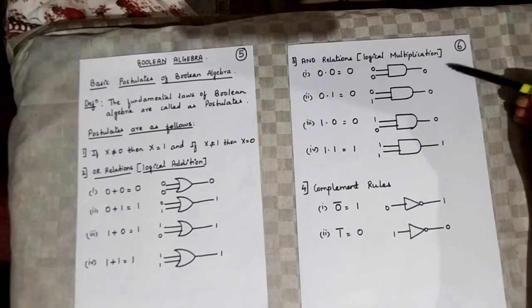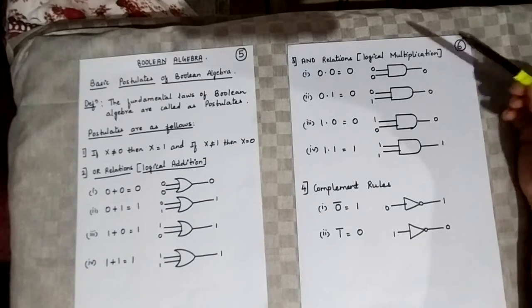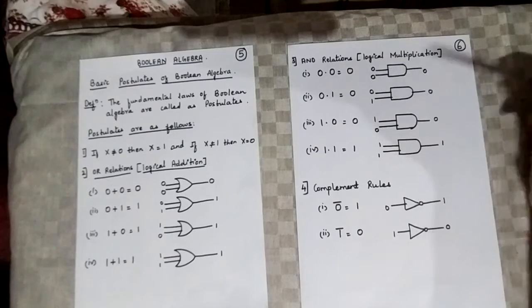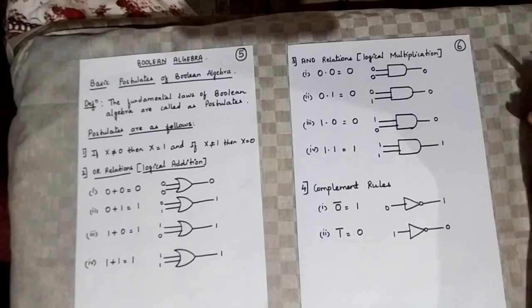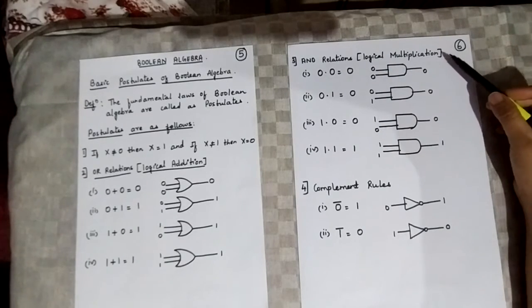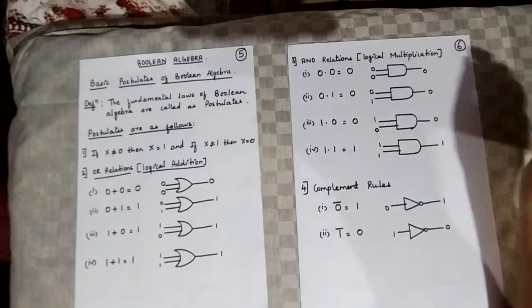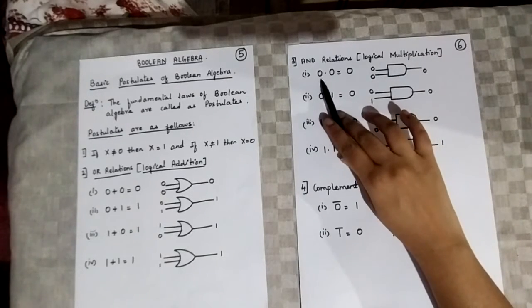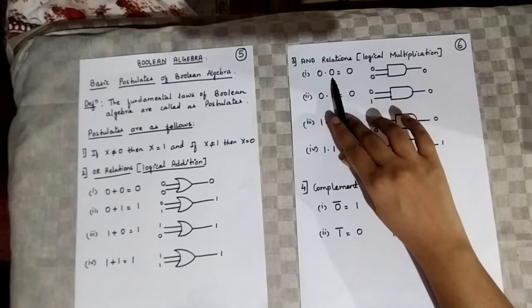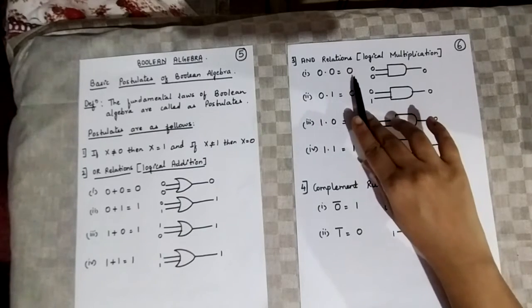Moving to the next one, which is AND relations. AND relation can also be termed as logical multiplication. How many types of AND relations are there? We again have 4 over here. The first one says 0 dot 0 results in 0.